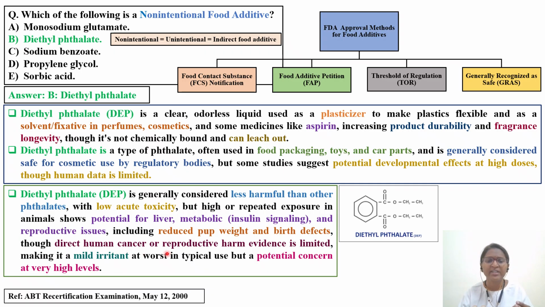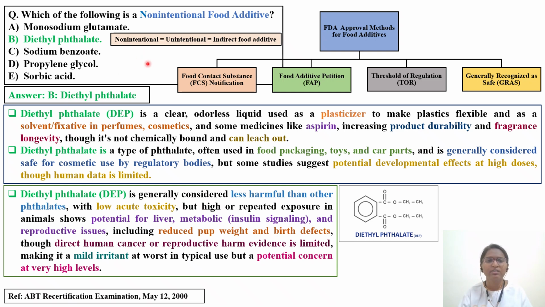Direct human cancer and reproductive harm evidence is limited, making it a mild irritant at worst in typical use, but a potential concern at very high levels. So dose is very important, and as such this particular phthalate is less toxic.